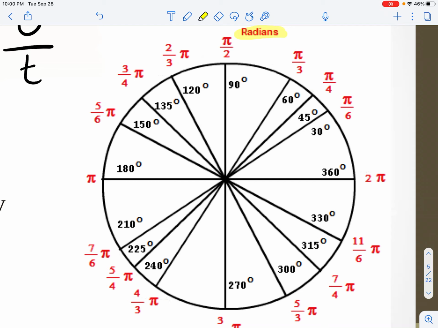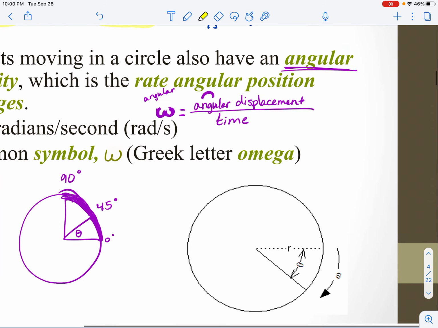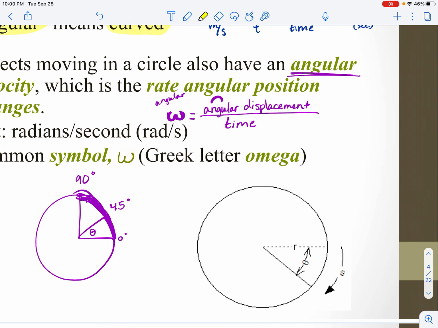I want you to get it in your mind that our angular displacement is our angle. That is the symbol theta, which we have seen before, and it is now going to be measured in a unit called radians, okay? So let's go back to our conversation on the previous slide. Our angular displacement is going to be measured in a unit called radians, which we will often just abbreviate rad.